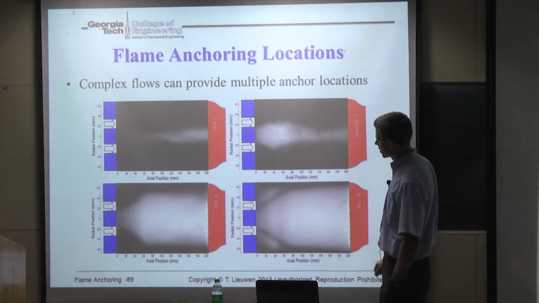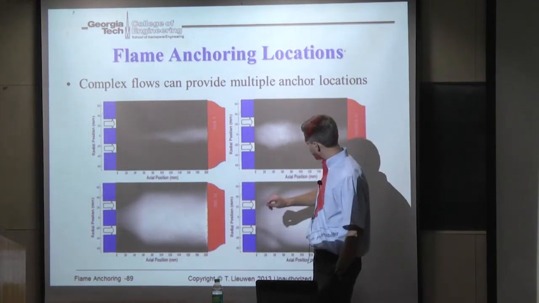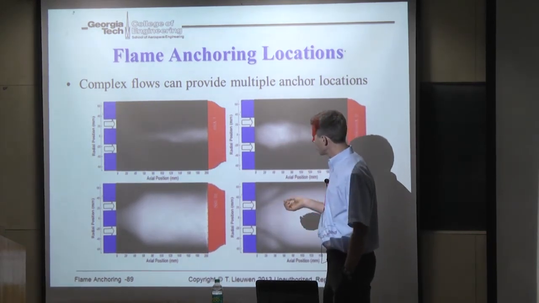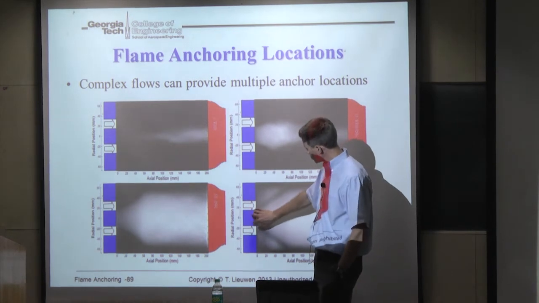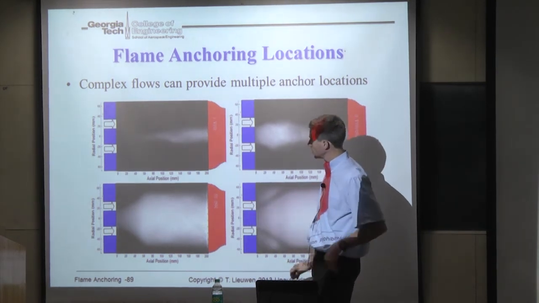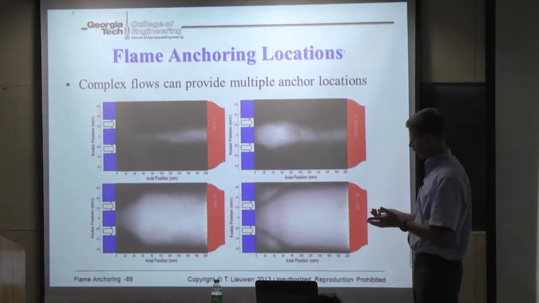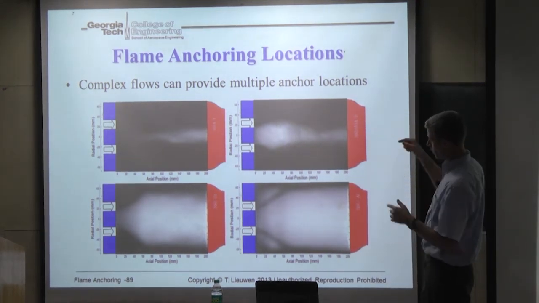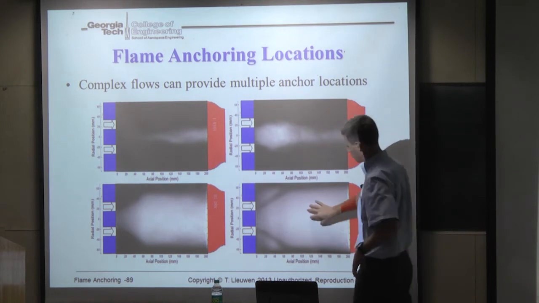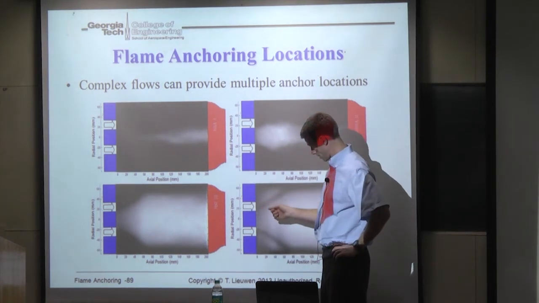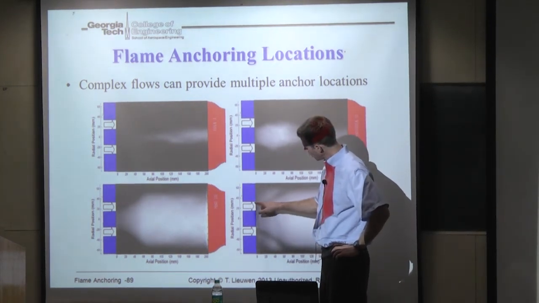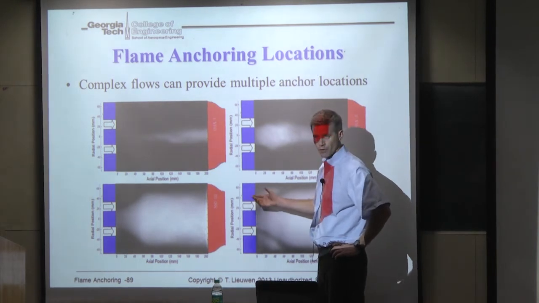Oftentimes what we find with these kinds of geometries is that the relative degree to which we get aerodynamically stabilized flames is a strong function of how big this bluff body is. This sequence of images was taken in our lab as we're decreasing fuel-air ratio. This would be a very high fuel-air ratio, and the flame can sit in both shear layers, very high shear regions.